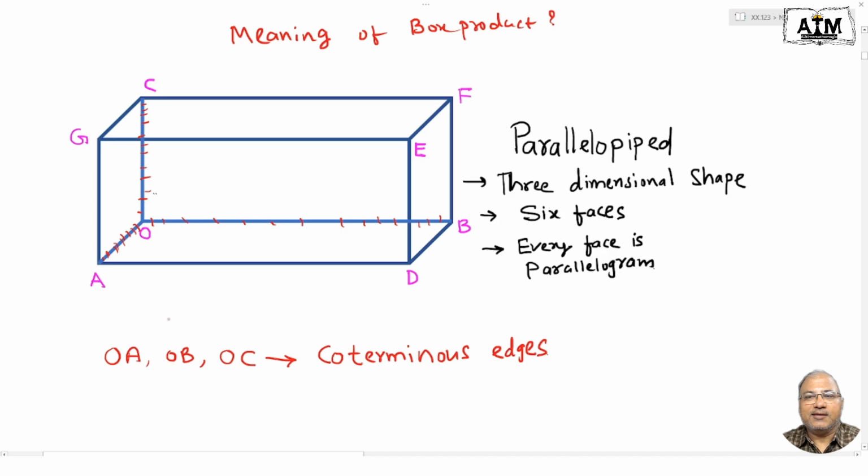Now in this parallelepiped, there are three edges OA, OB and OC. They are called coterminous edges OA, OB and OC. We take O as the origin.